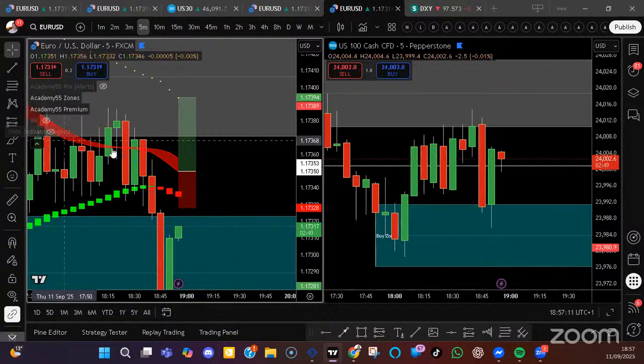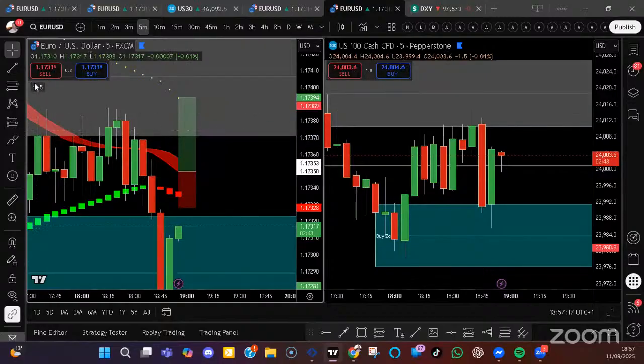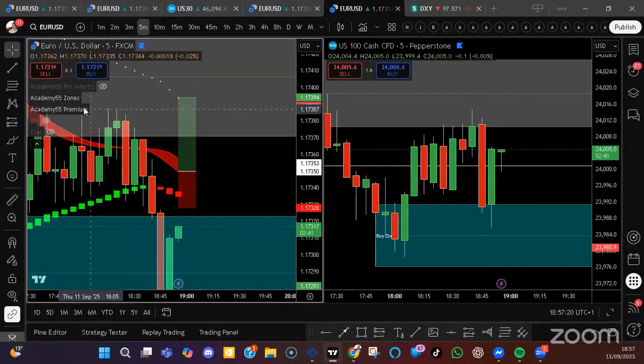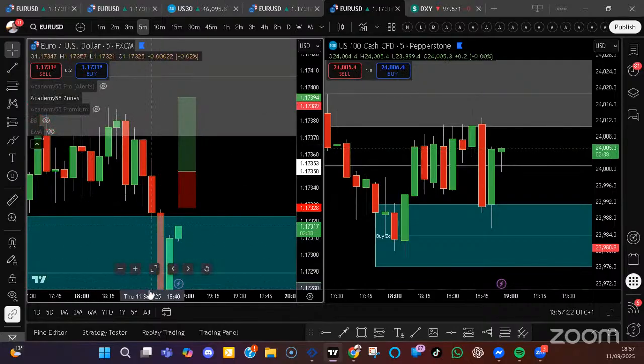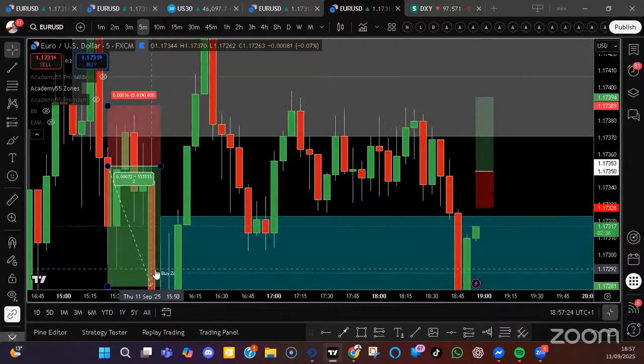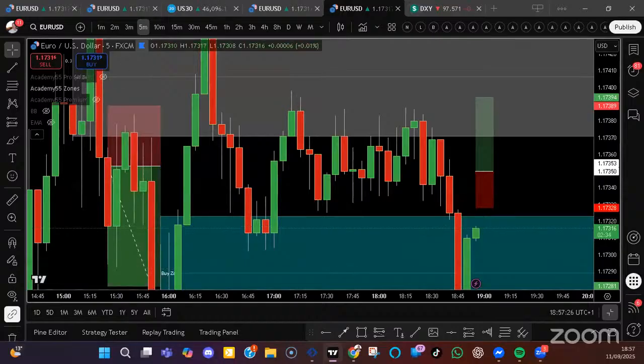So what we'll do is we'll mark each one up. So I'm going to take the indicators off. First, we're going to go on the EUR USD. I've got to be a little bit quicker than normal, just in case things do happen.